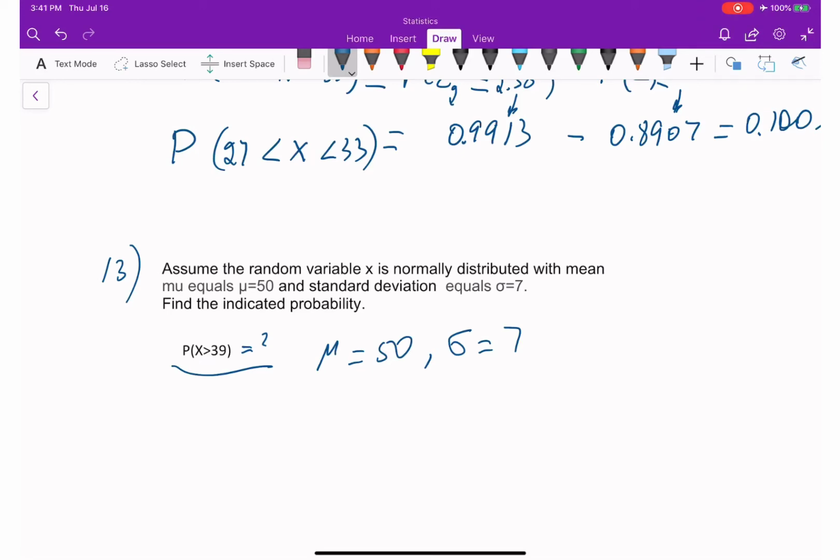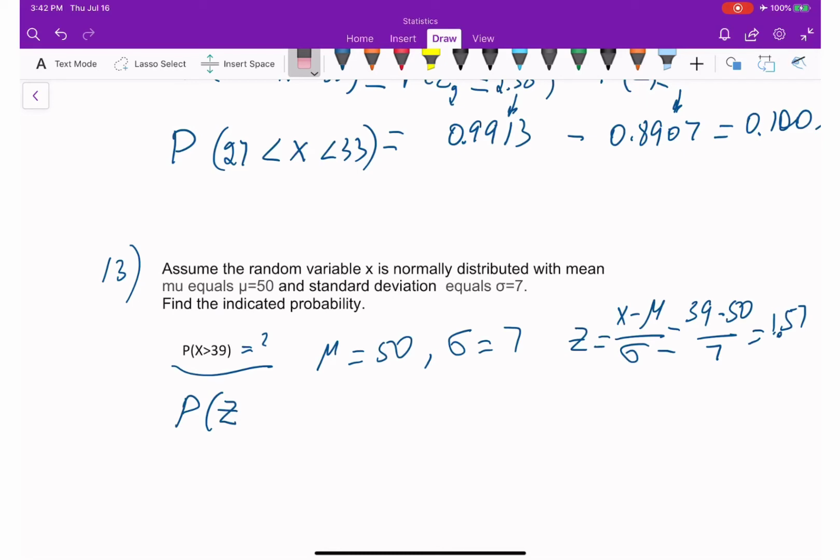So first of all, let's do this. We need to find z-score, probability of z-score. z-score here is equal x minus mu over sigma. X is 39 minus 50 divided by 7, we get 1.57, and then probability of z-score less equal 1.57.